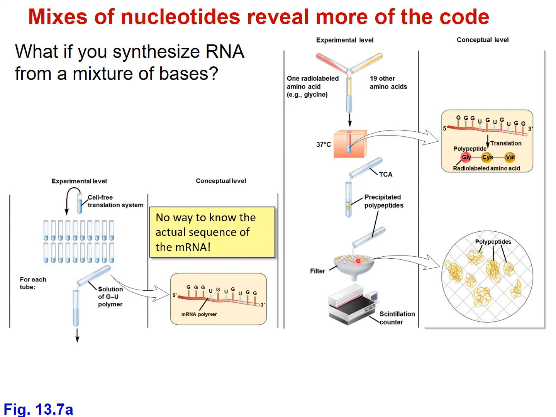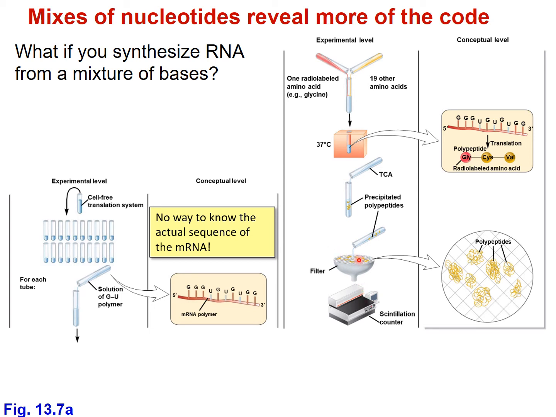Now, how do you look at it? Well, you take this filter paper after you've washed it a couple of times to make sure all of the unincorporated amino acids get washed through, and you truly only have the polypeptides on top of the filter paper. You put it in a vial with a reagent called scintillation fluid, and put it into a piece of equipment called a scintillation counter, which measures the decay of the radioactivity, so you can see how much radioactivity is on this filter paper.